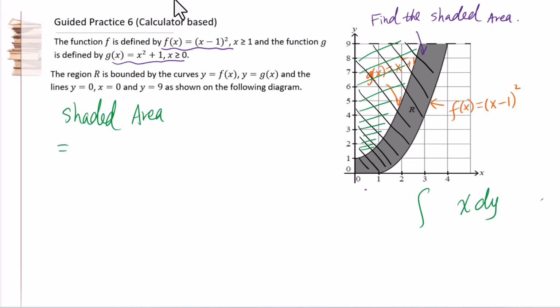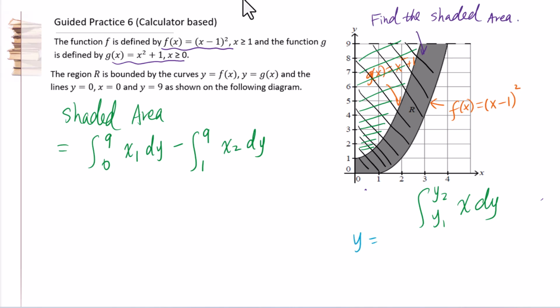This is x from y1 to y2. Definite integral from 0 to 9 of x1 dy minus definite integral from 1 to 9 of x2 dy. Let's work out x1 and x2.